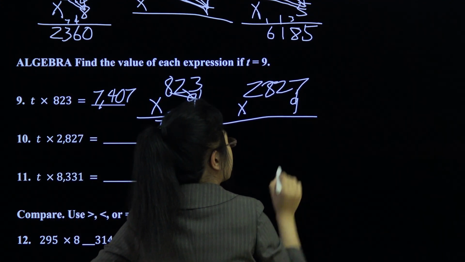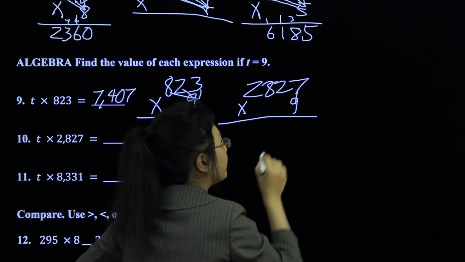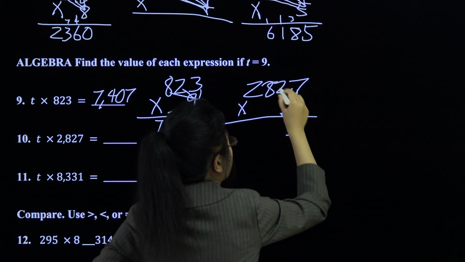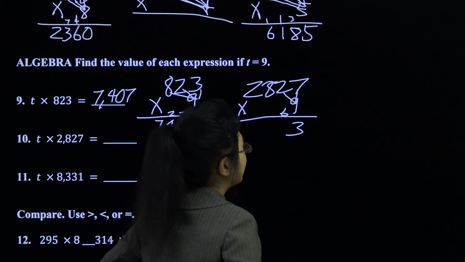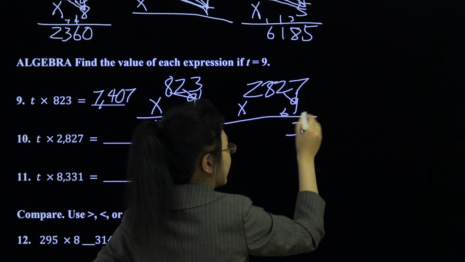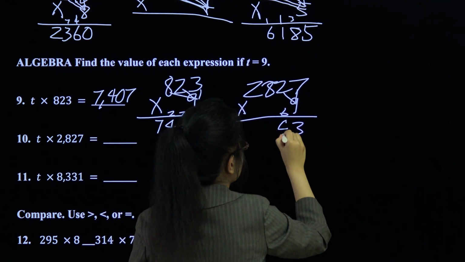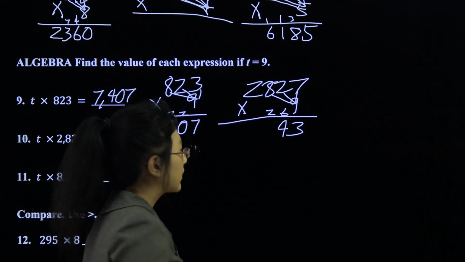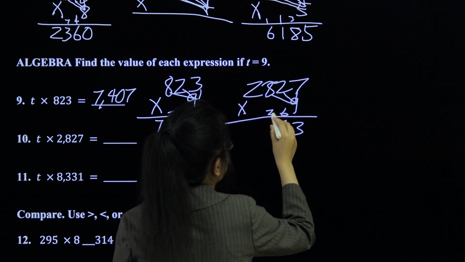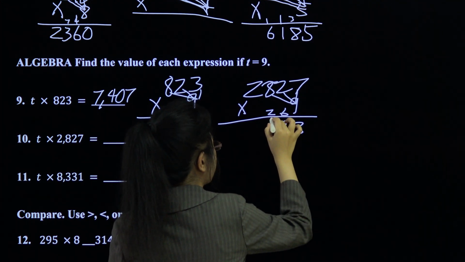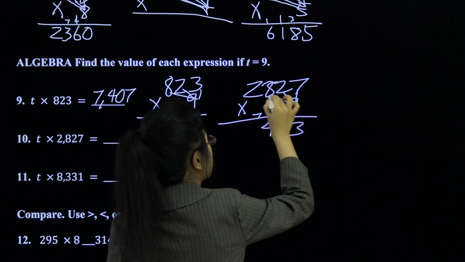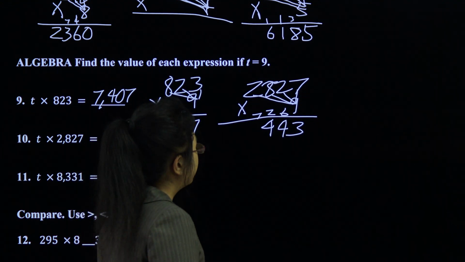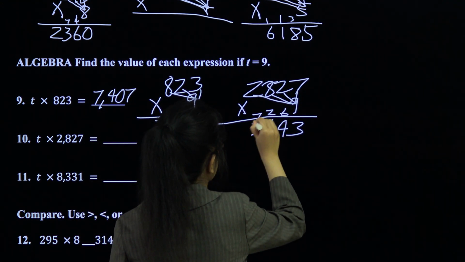And ones place first, 9 times 7, 63. 9 times 2, tens place next, 18 plus the regrouped 6, 24. 9 times 8, 72, plus, well, the regrouped 2, 74. 9 times 2, 18, plus the regrouped 7, 25.